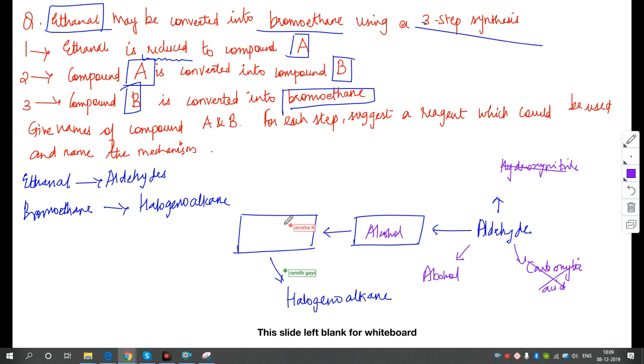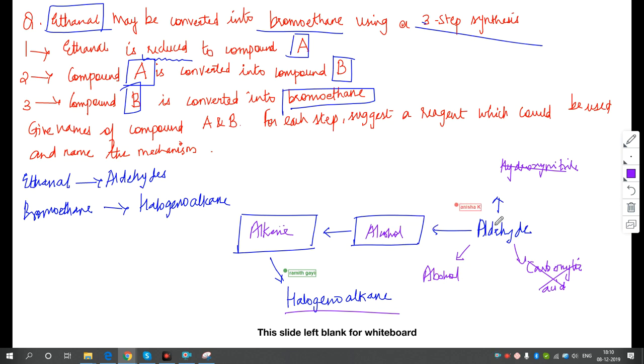So the path is alcohol getting converted to alkene, alkene getting converted into bromoethane, that is a halogenoalkane, right? When you have the synthesis format with you, you can actually identify which is getting synthesized where. Okay, this is one method using that.